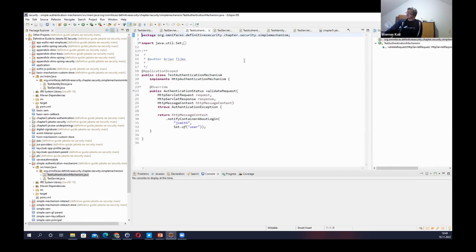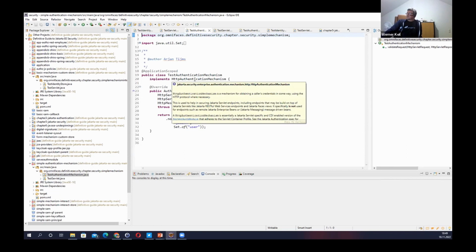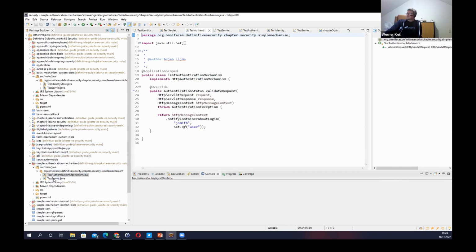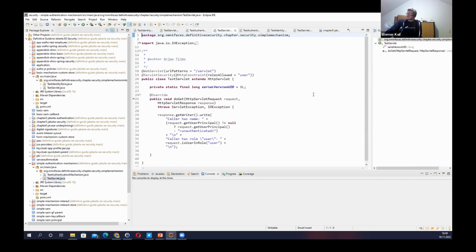Here we have another example for a custom authentication mechanism that implements the HTTP authentication mechanism. And again, a simple servlet example case.